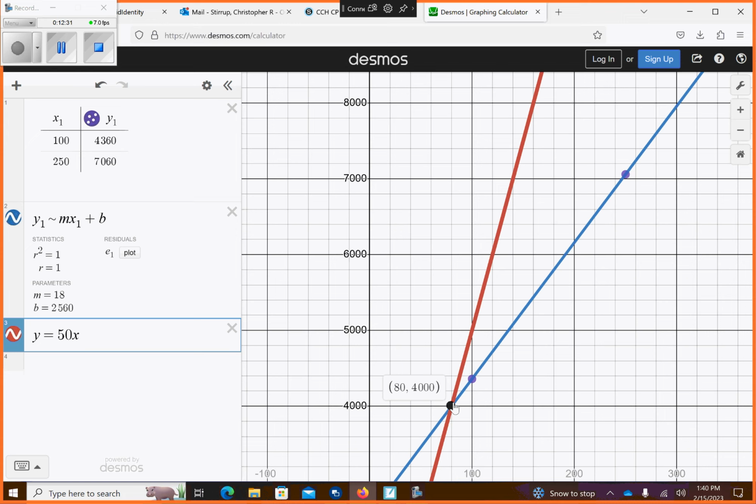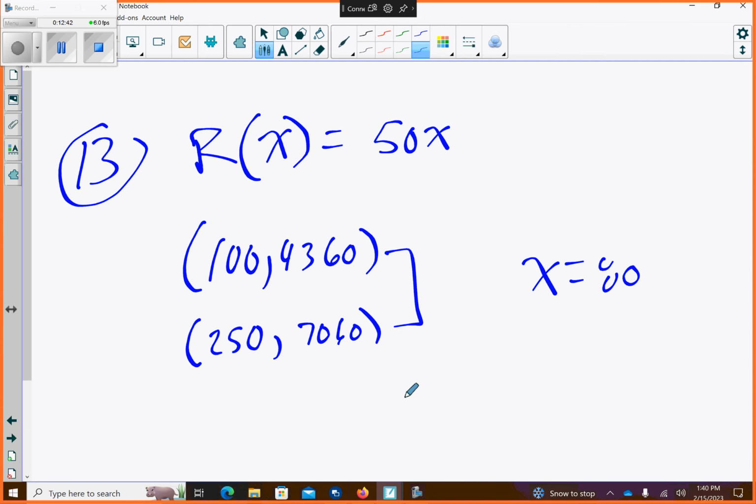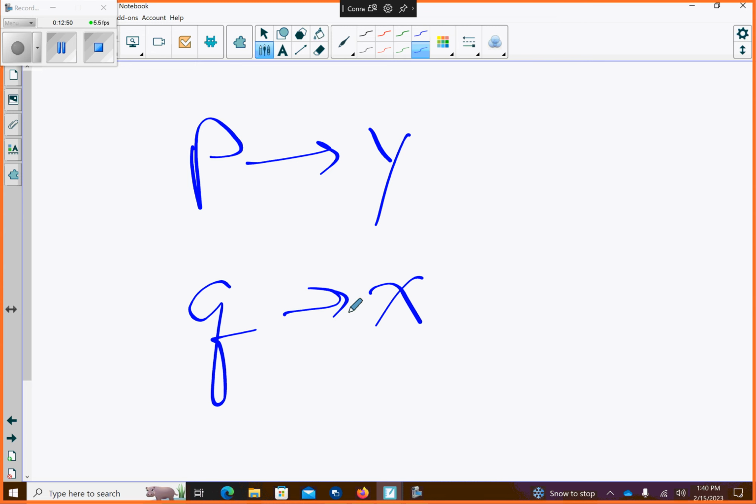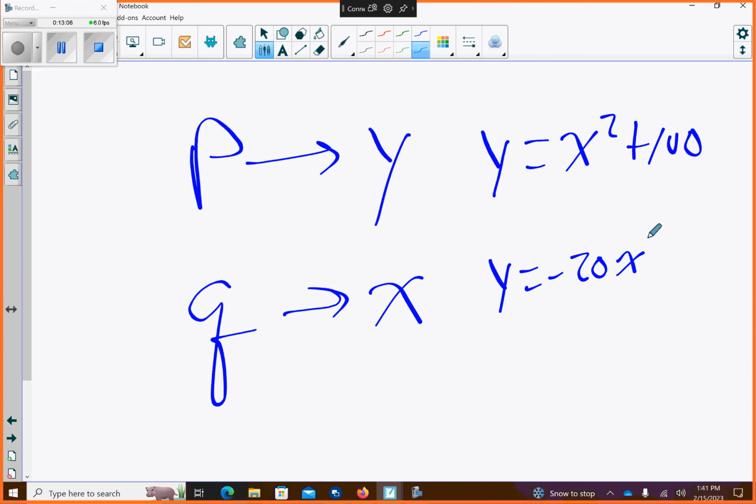Okay, so the main thing you want to do on those is make sure your P value is Y and your Q value is X. So when you plug that function in on Desmos, you're going to get Y equals X squared plus 100. And then you'd also get Y equals negative 20X plus 2,500. Ignore the window that they have set up.